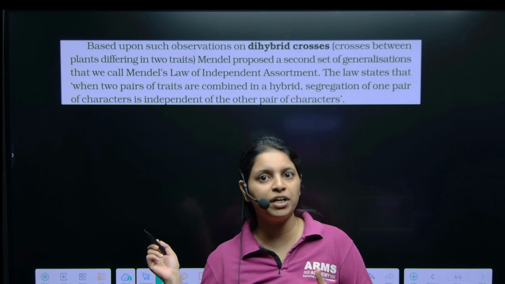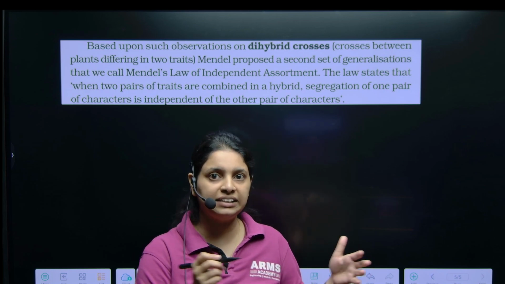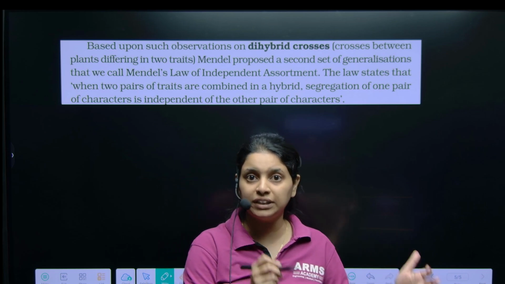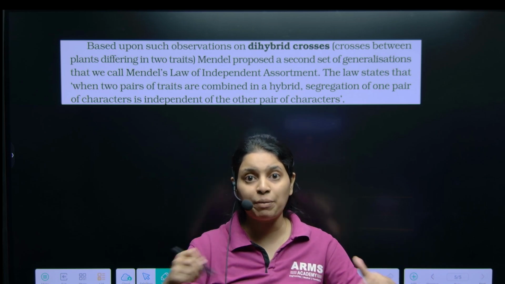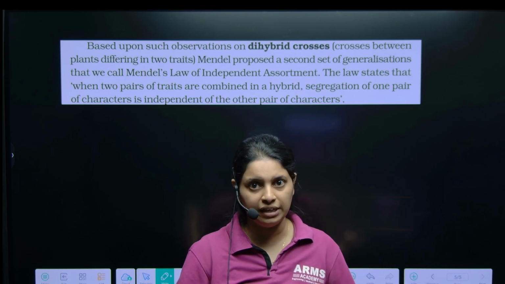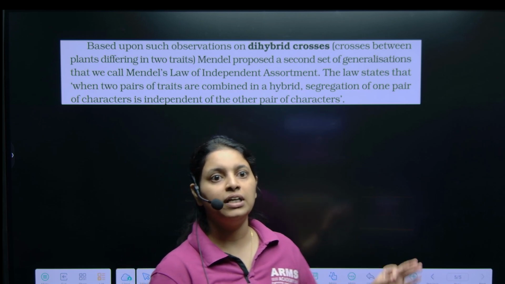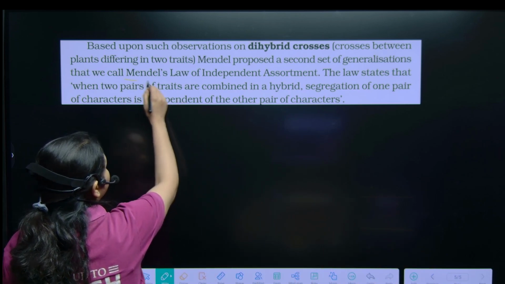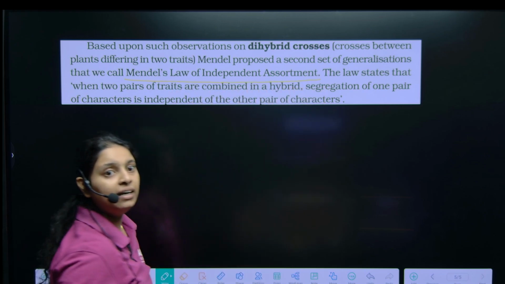Like in the dihybrid cross here, we took seed shape and seed color, right? We have a different gene for seed shape, we have a different gene for seed color, and they always separated independently. So, based on the dihybrid cross result, we get Mendel's law of independent assortment.